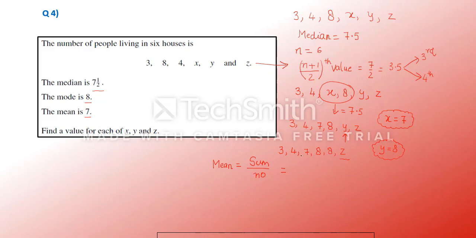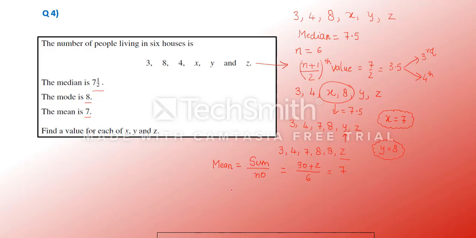I'm going to add up all these values and z, divided by the total number of values, which is 6. So 3 plus 4 is 7, plus another 7 is 14, and plus 16, which means (30 plus z) over 6 will equal 7, because the mean is given to be equal to 7.